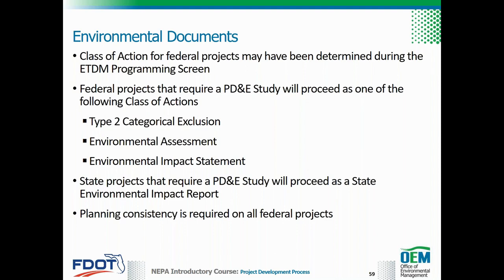If the project is state funded, it may proceed as a state environmental impact report. Projects requiring a federal action or that use federal aid funds must meet planning consistency requirements outlined in Title 23 CFR Part 450 prior to submittal to OEM for location and design concept acceptance, or LDCA.